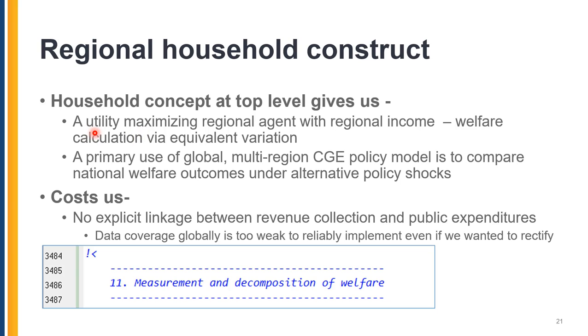And it means if you have that utility argument at the top level for the entire region, you can do a welfare calculation. You could do something like equivalent variation and identify what the income equivalent is of being at some other utility level versus the one you are at.